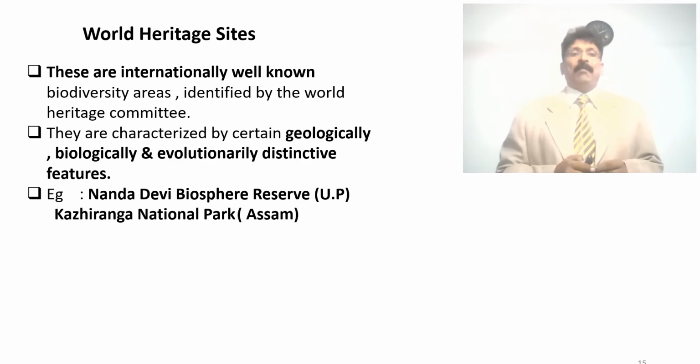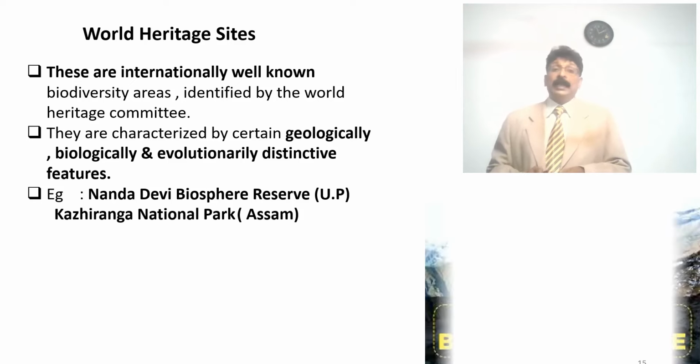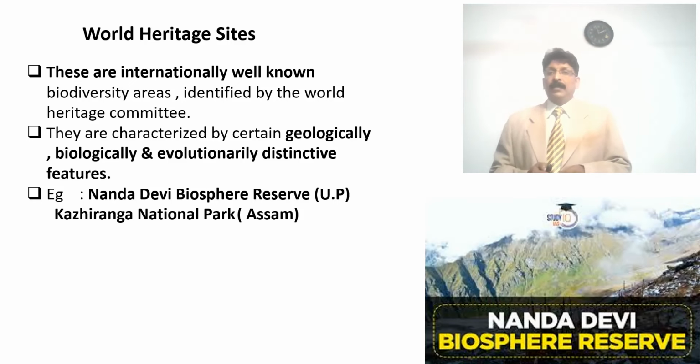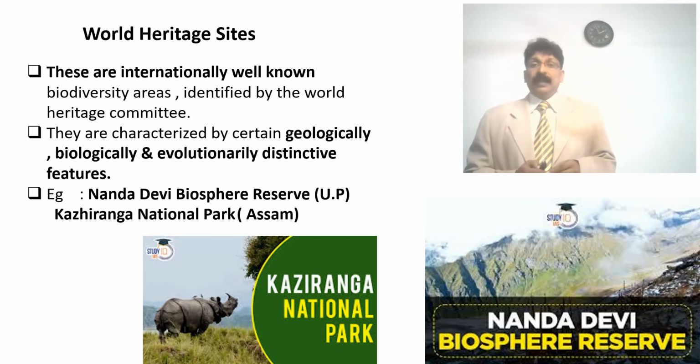Example, Nanda Devi Biosphere Reserve in UP, Kaziranga National Park in Assam. I have taken an example. Nanda Devi Biosphere Reserve and Kaziranga National Park in Assam are World Heritage Sites.